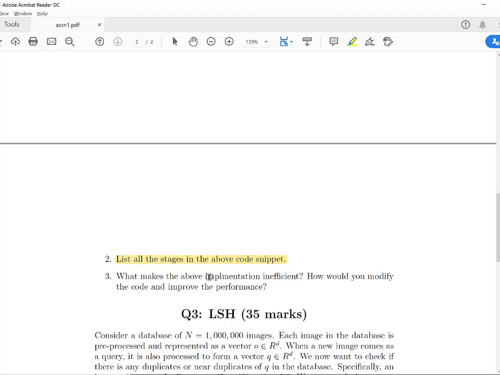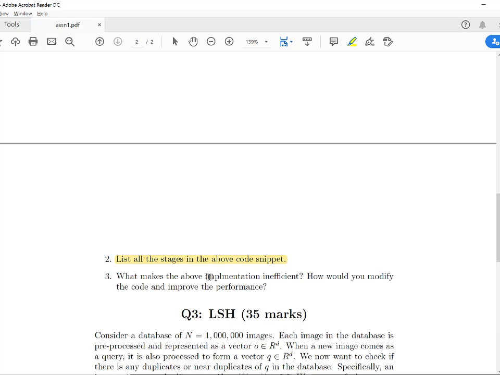For the third one, what makes the above implementation inefficient, and how would you modify the code to improve the performance? It is an open question, so the answer is not unique. But we do expect some basic or fundamental answers for this question. If you do not point that out, then you may lose some marks.